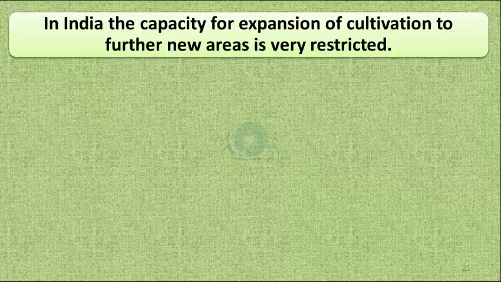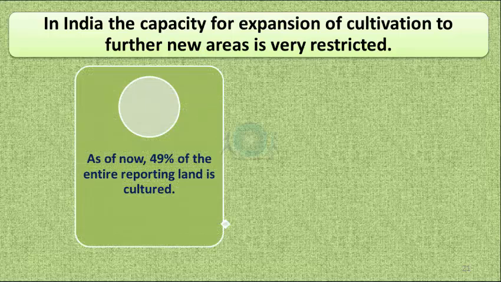In India, the capacity for expansion of cultivation to further new areas is very restricted, as is obvious because of the increasing population pressure and the availability of land. As of now, 49% of the entire reporting land is cultivated.